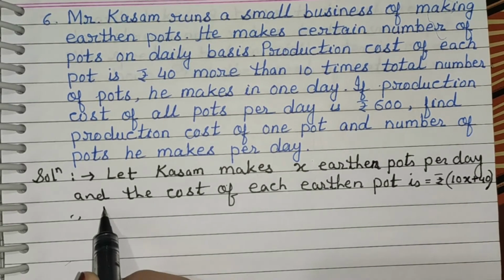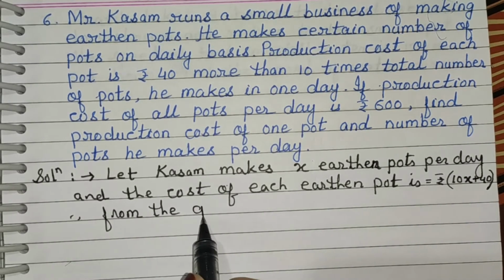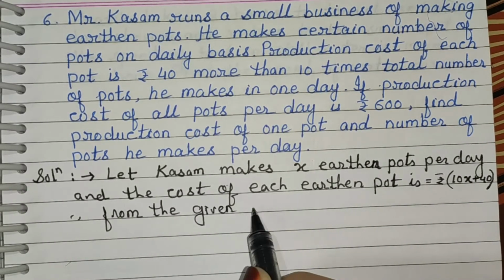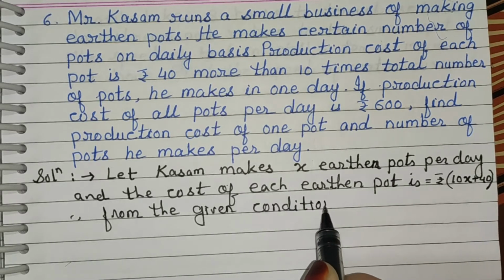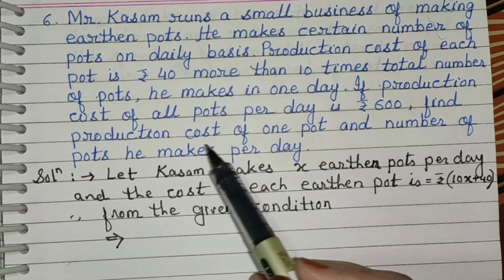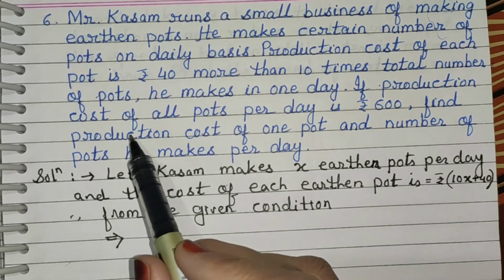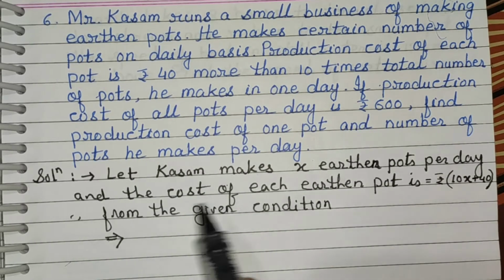Now from the given condition, the production cost of all pots per day is rupees 600. It is given.